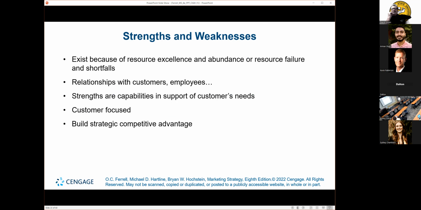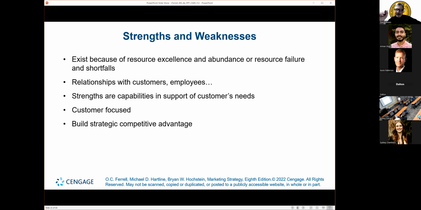So in strengths and weaknesses, that third bullet point is important. A strength that is in support of a customer's need is what's known as a capability, all right? And so you have the capability of satisfying a customer's need, and that becomes extremely valuable as a strength.